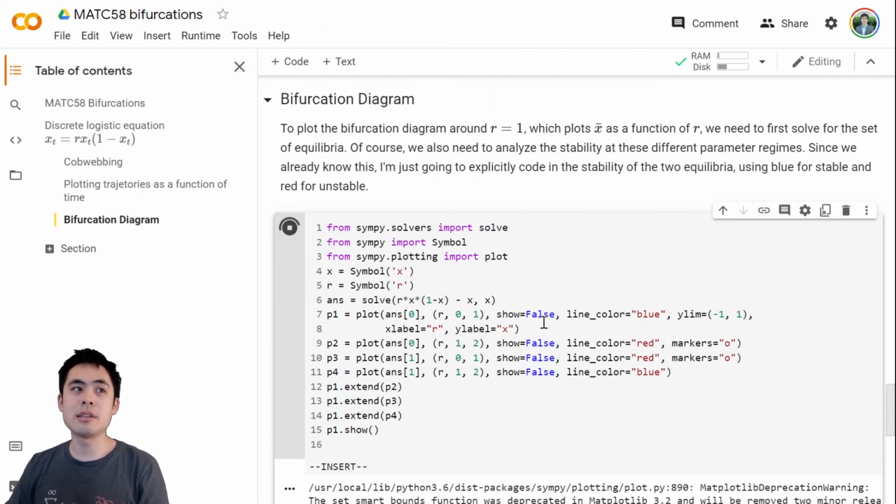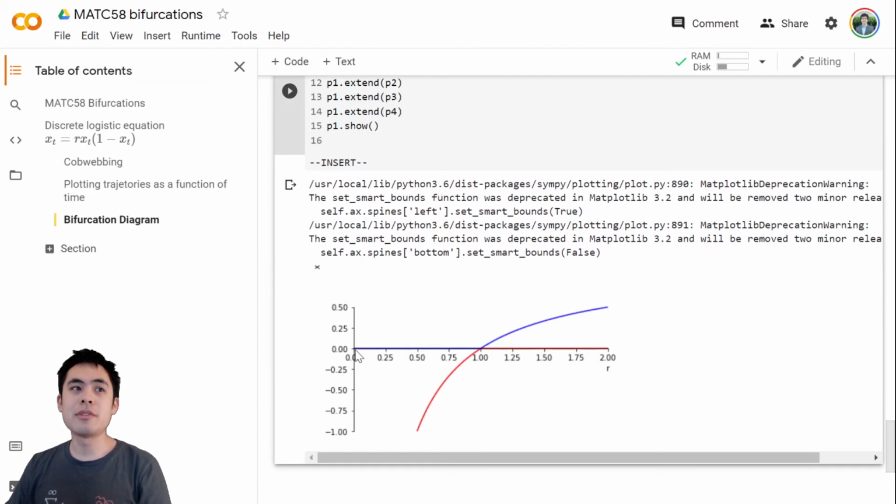What you get when you run this is a stable equilibrium at 0, and then it becomes unstable as you pass 1. Here you start out unstable. This r minus 1 over r equilibrium is unstable to begin with, and then becomes stable and positive, and we only care about it when it's positive, above r equal to 1.